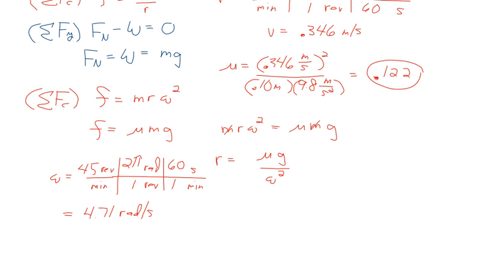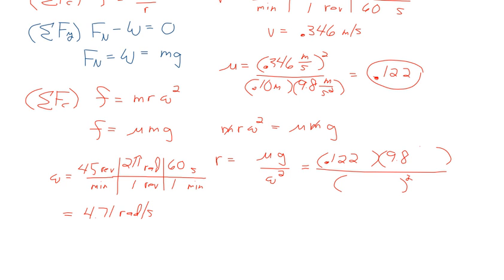So now that I know that, I can just come over here and plug in my mu, my g, and my omega squared. And even though this was a part B and the record is going faster, it's not going to change my coefficient of friction. Whatever, how slippery it is, it's still the same thing, whether it's going faster or slower. So I'm going to use my answer from part A, 0.122.